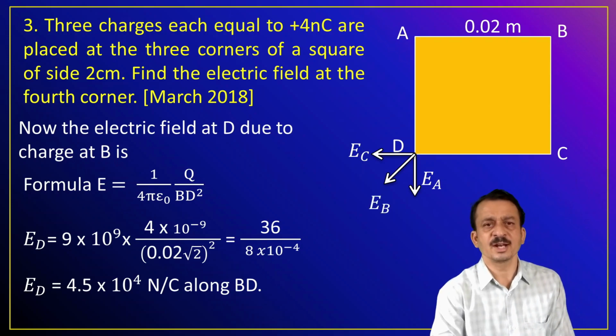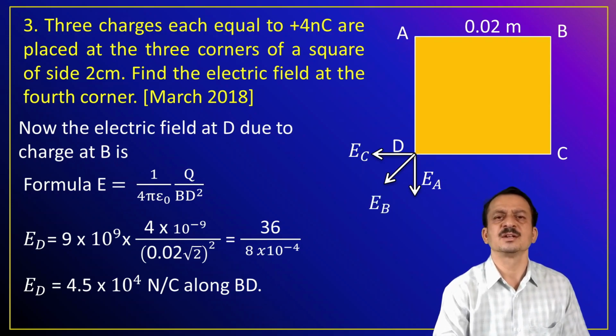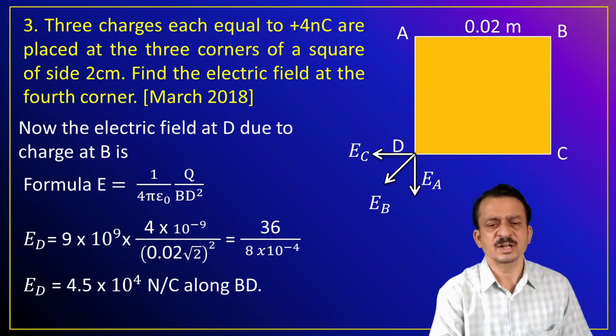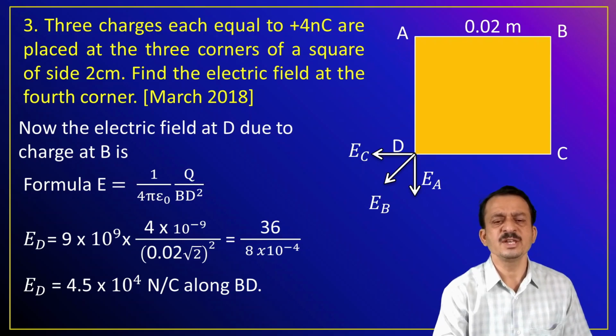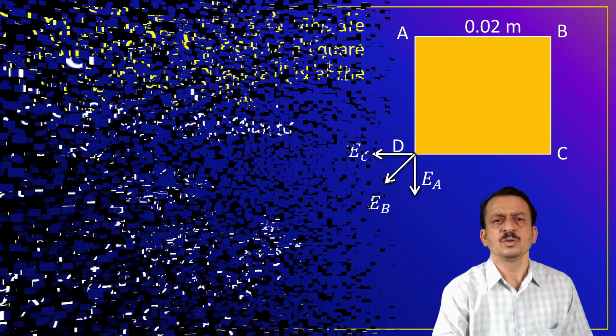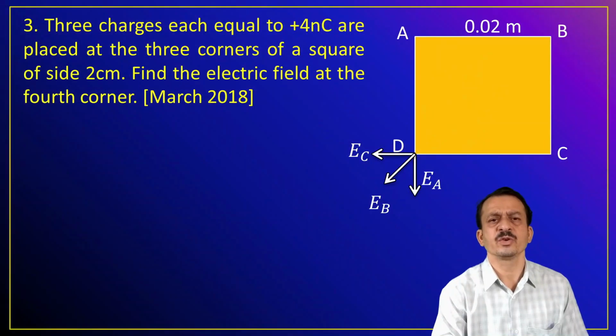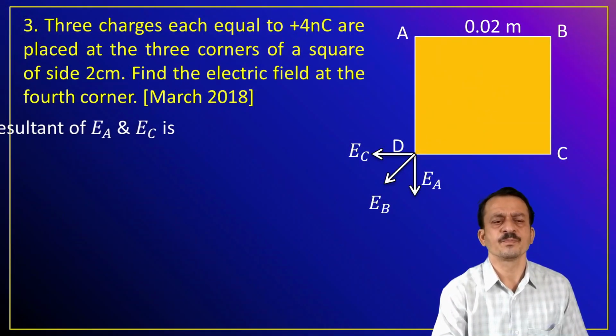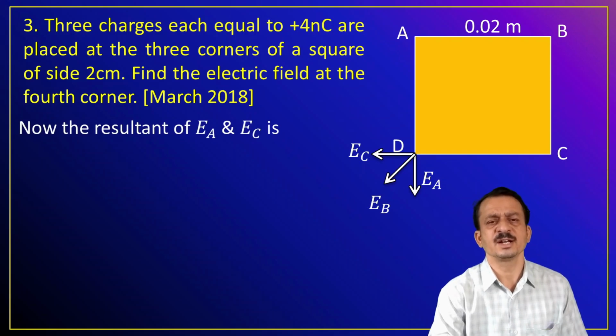Now we have got 3 electric fields due to the 3 charges. First we will work out the resultant of EA and EC. Those 2 charges have the same magnitude, but the angle between them is 90 degrees. Therefore we will work out the resultant by using the resultant of 2 vectors formula.